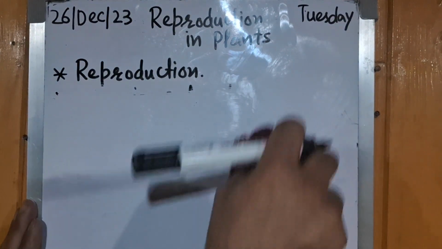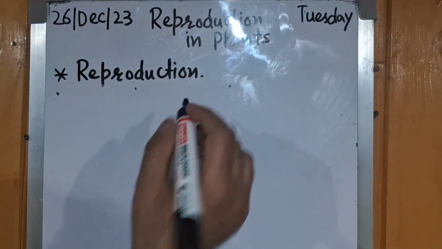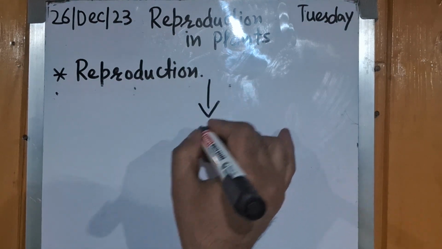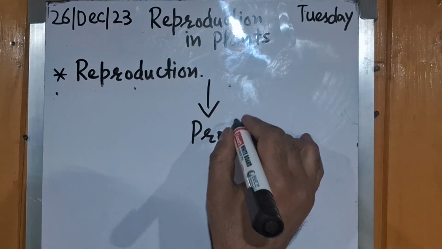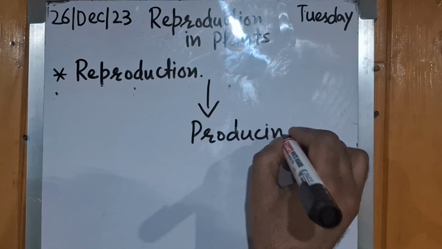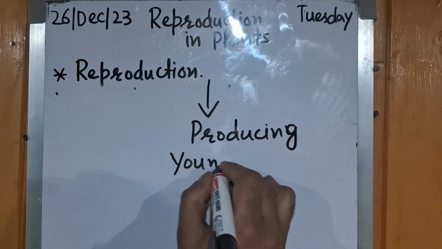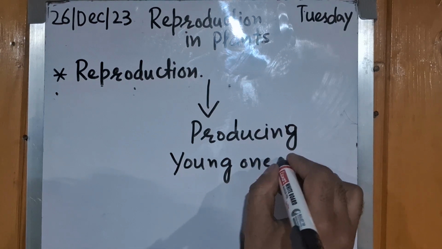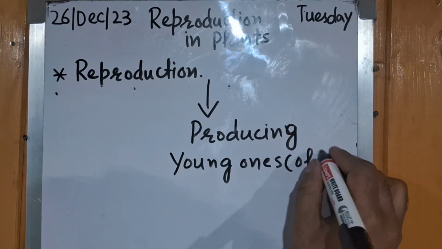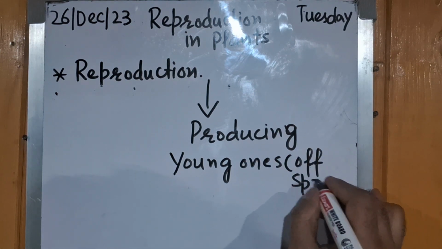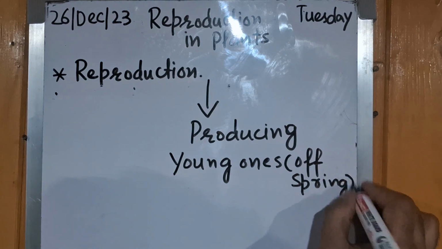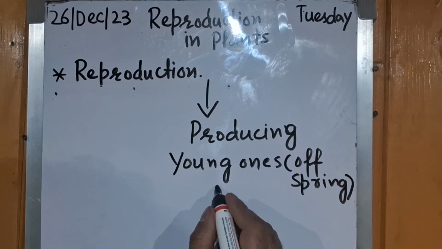Reproduction is the process of producing young ones or offsprings that are similar to their parents.